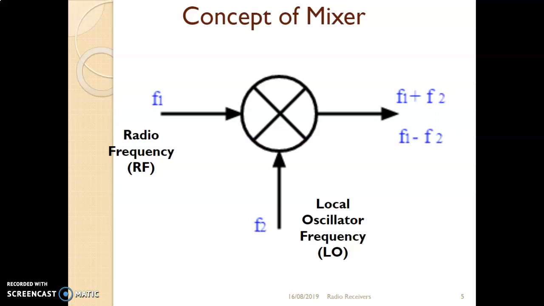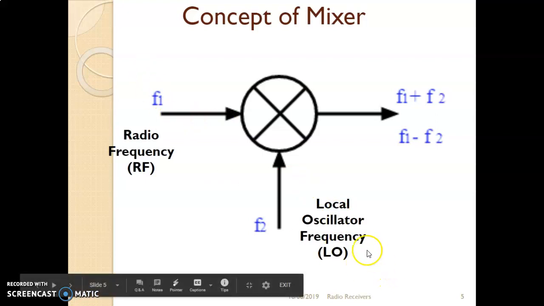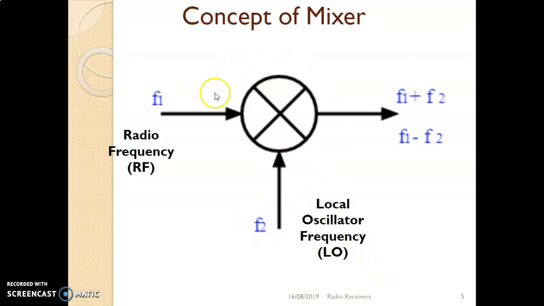Now we are talking about the receiver. The first block will be the antenna, and the received signal from the antenna we call the radio frequency signal. It is noted with F1, and the local oscillator frequency is noted with F2. This is the symbol for the mixer, which produces many non-linear or harmonic frequencies at the output, along with sum and difference frequencies.